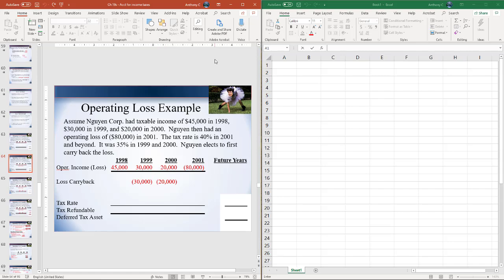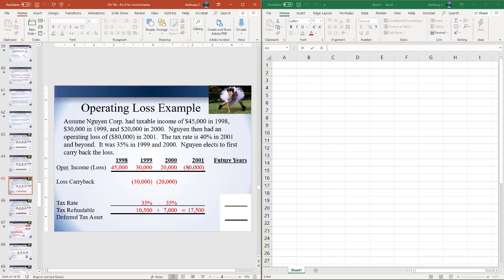Right, so they get to offset this income here for 30 and 20. We'll multiply the 30,000 by the tax rate of 35%. Same thing for 2000, since that was the tax rate in those years. Right, so if you take the 30,000, multiply by 35%, we're out to 10,500. 20,000 by 35% is $7,000. So in total, they would get a tax refund of $17,500.